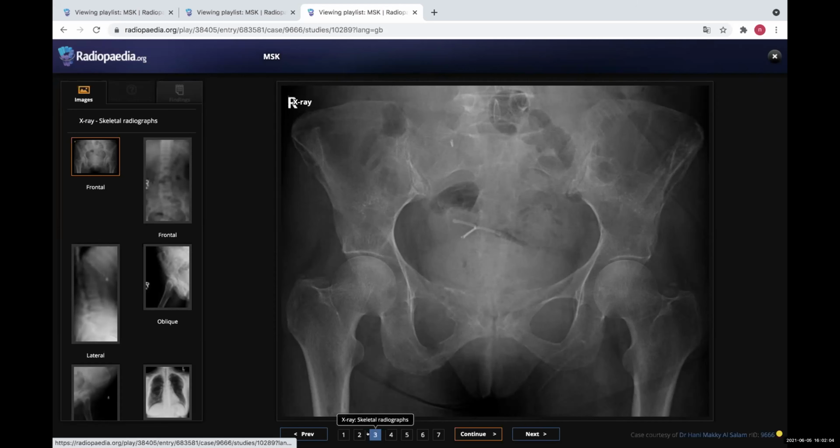Regarding the pelvic bones, there is an ill-defined lytic area involving the right sacral ala. I'm not able to see the ala margins clearly, and again some ill-defined lytic areas are seen in the superior as well as the inferior pubic rami on the right side.